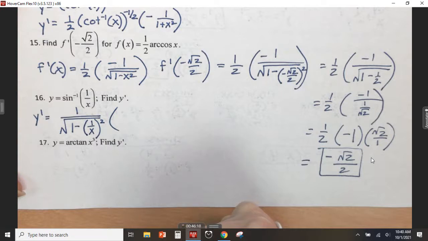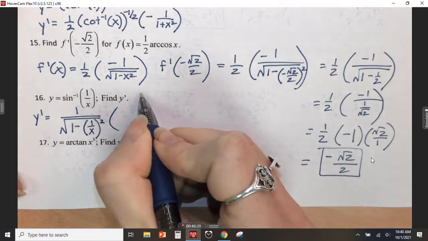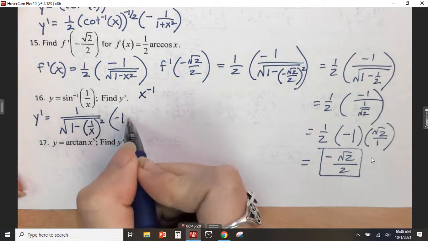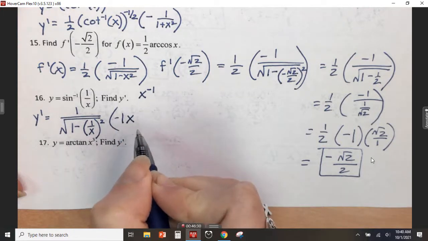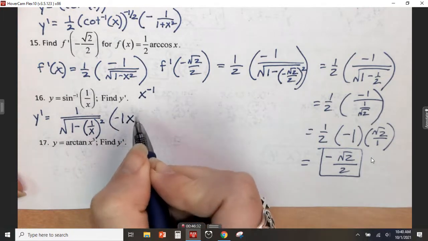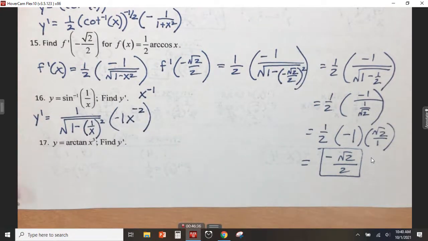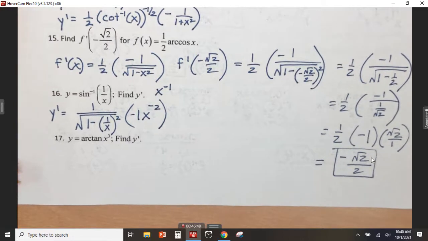But to take the derivative of 1 over x, I probably should think of it as x to the -1 power. So I can use the power rule. So the -1 is going to come out in front, then the x, subtract 1 from the power, -2. Questions? All right.